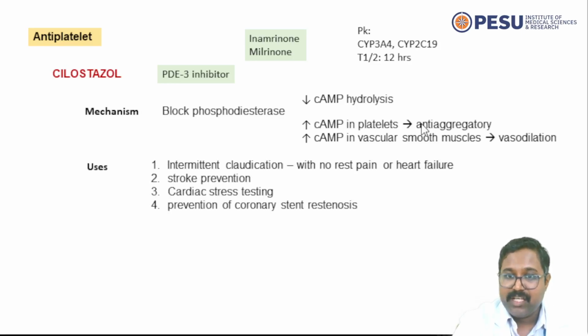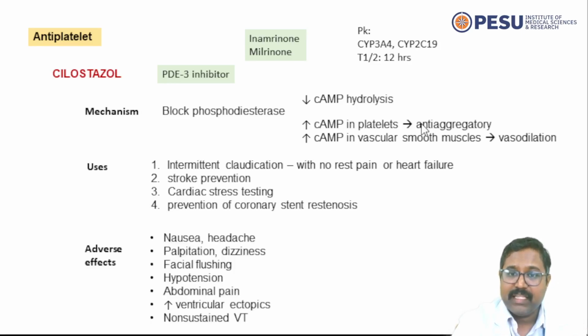Used in case of intermittent claudication. Cilostazol, very important indication. They are used in intermittent claudication with no rest pain or heart failure, for stroke prevention, cardiac stress testing and prevention of coronary stent restenosis. Adverse effects, again they can increase the bleeding also.